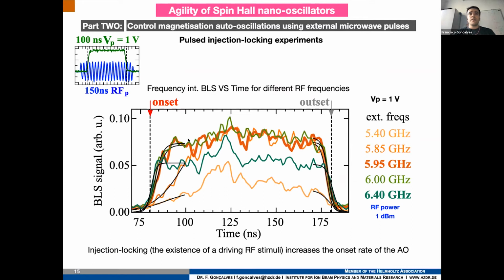The moment the injection locking range is reached, we see quite a rapid increase in the growth rate at the onset, and so a flatter steady state response. This is again one of the interesting findings here: injection locking increases the onset rate of the auto-oscillations.